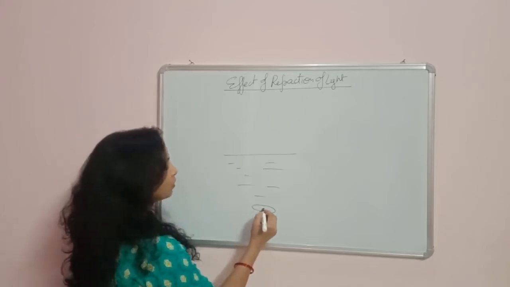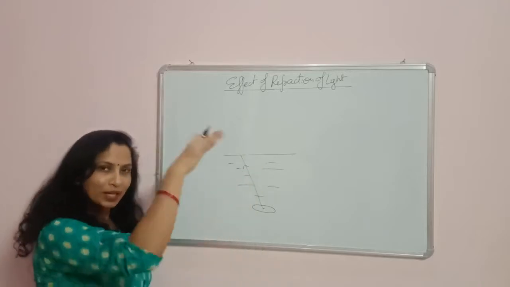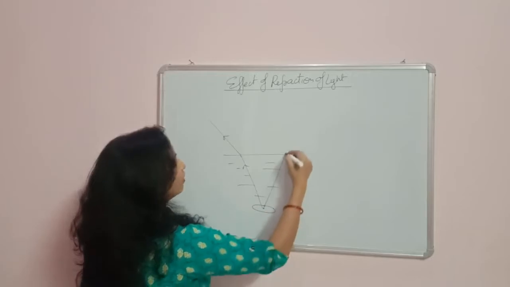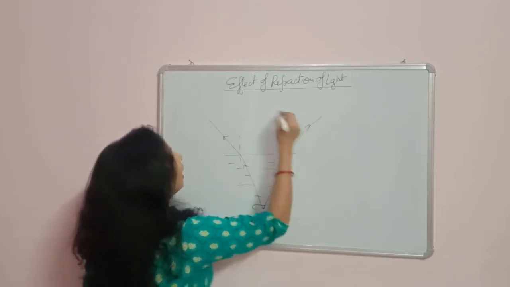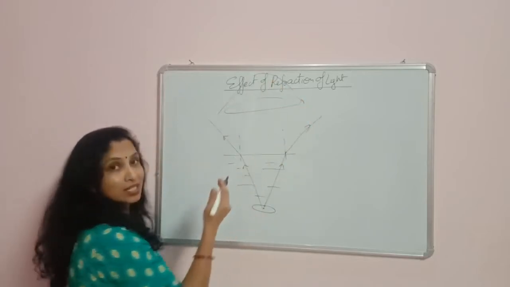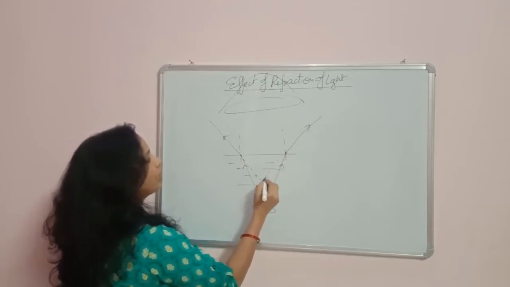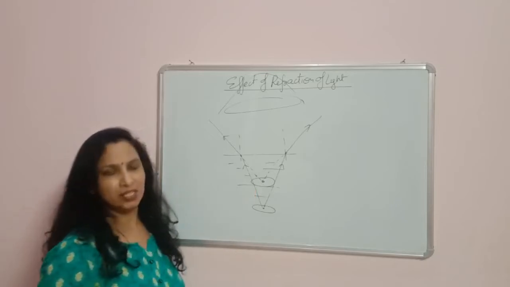Suppose a ray starts from this point, and when it passes from the water into the air, it will bend away from the normal like this. And one more ray, again it will bend away from the normal. Suppose we are here to look at this coin or stone. If we produce these rays in the backward direction, it will appear that this is the position of the stone.